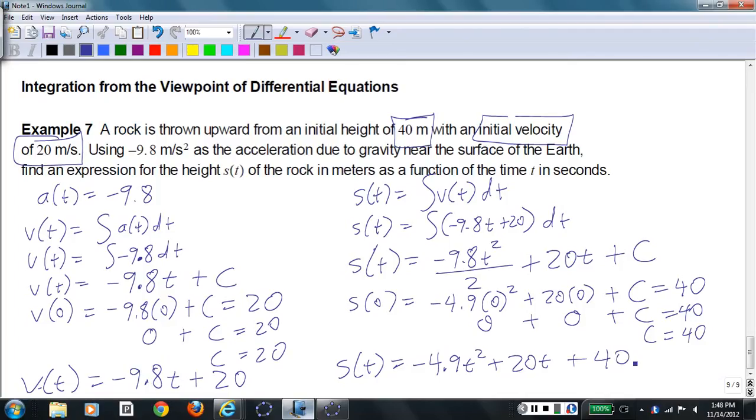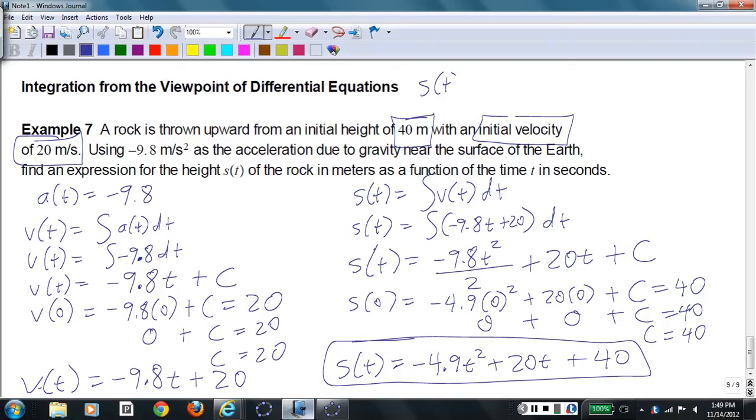Where if we input the time in seconds, this will give us the position relative to the origin in meters. So basically, if we want to do this in more generality, what we would have is negative 1/2 g, if g is the constant acceleration, 20 would be the v sub 0, the initial velocity, and 40 would be the s sub 0, the initial position.